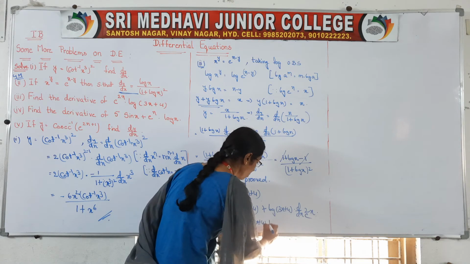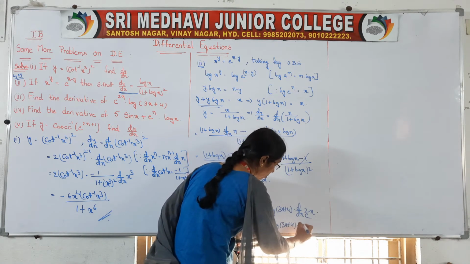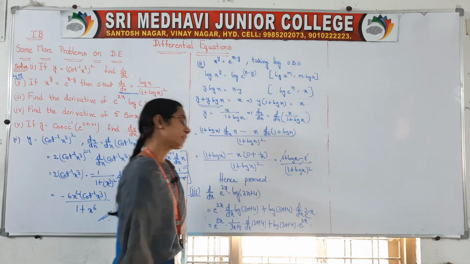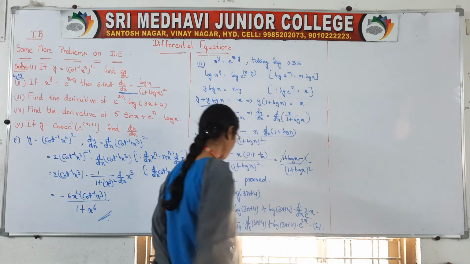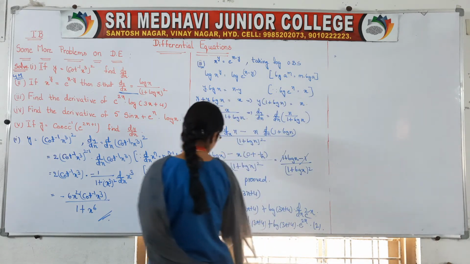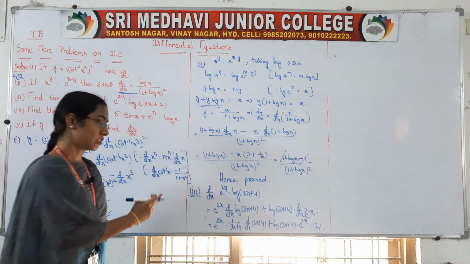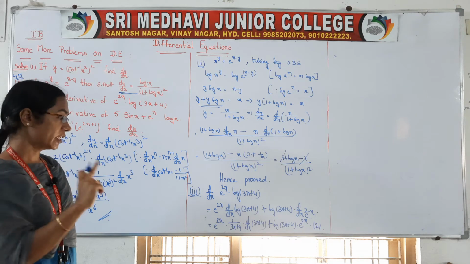And here plus log of 3x plus 4 into e to the power of 2x into d by dx of 2x is 2. Okay, so is equal to, here what happens? D by dx of 3x plus 4, d by dx of 3x is 3 plus d by dx of 4 is 0. So it is 3.